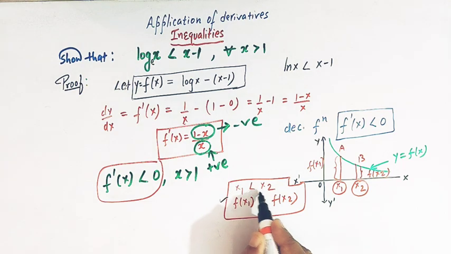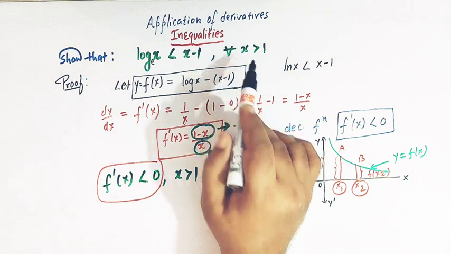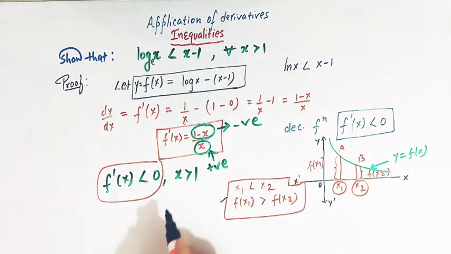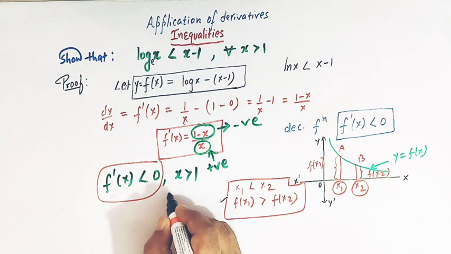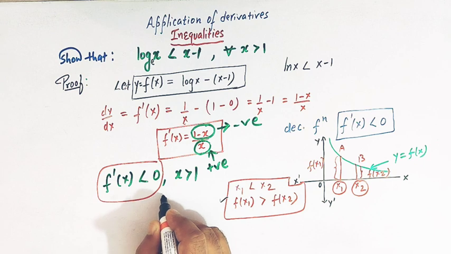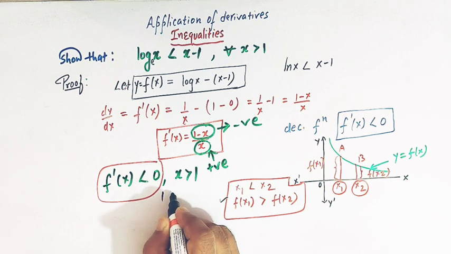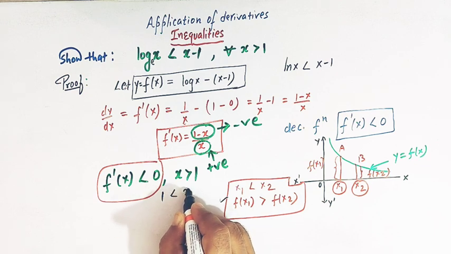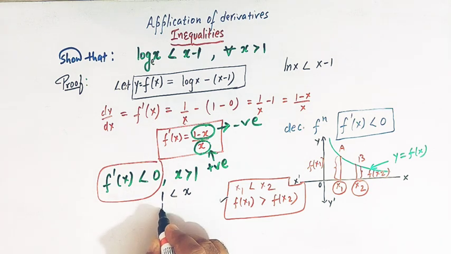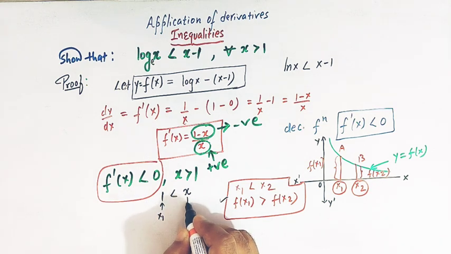So x1 is less than x2. Here we have x greater than 1, so we can also write this inequality as 1 less than x, right? So 1 can be treated as x1 and x can be treated as x2.